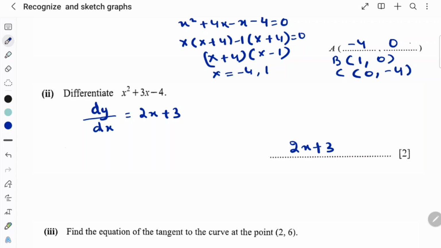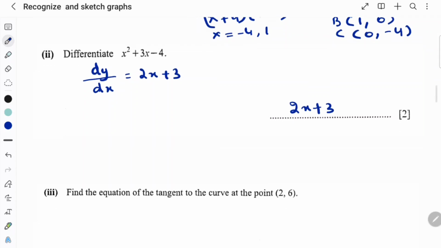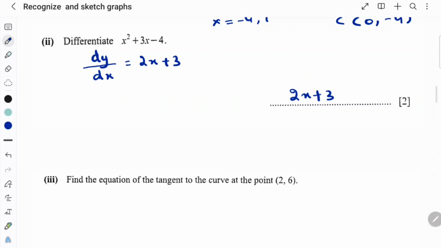So we'll find the gradient at 2 with the help of differentiation. So dy upon dx is 2x plus 3, and at 2 the gradient m is 2 times 2 plus 3, which is 4 plus 3, which is 7.